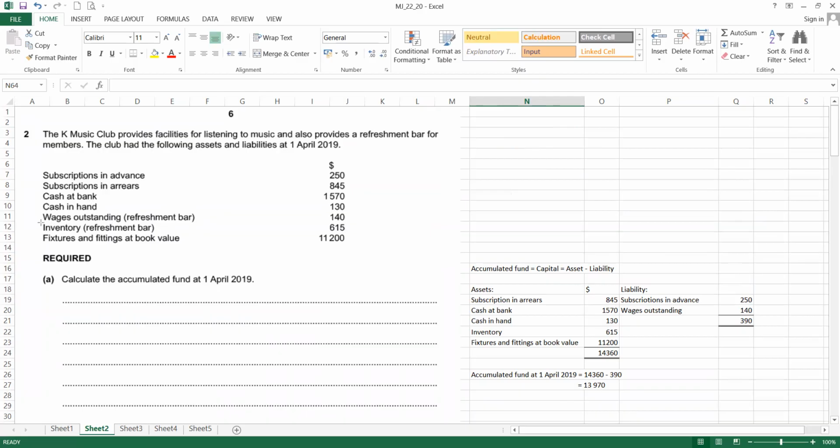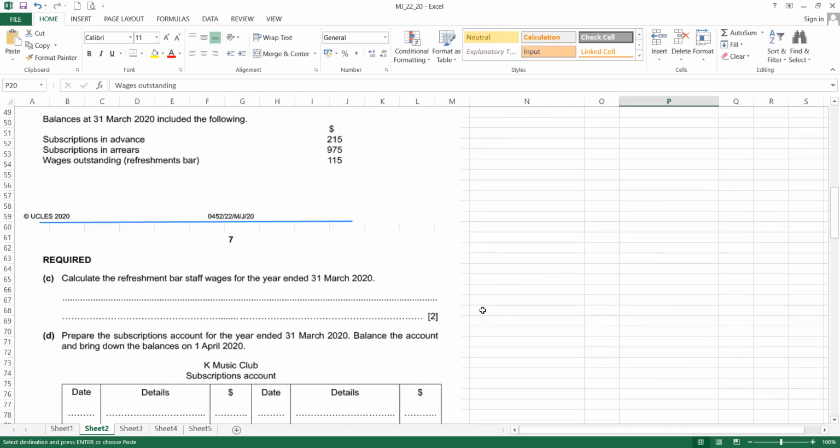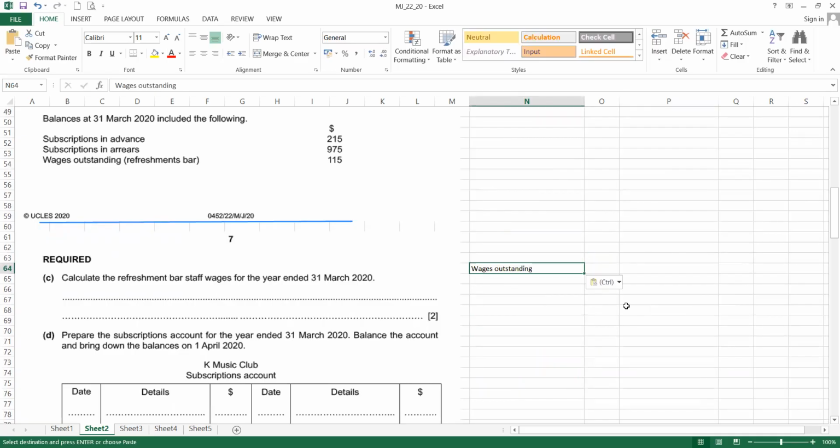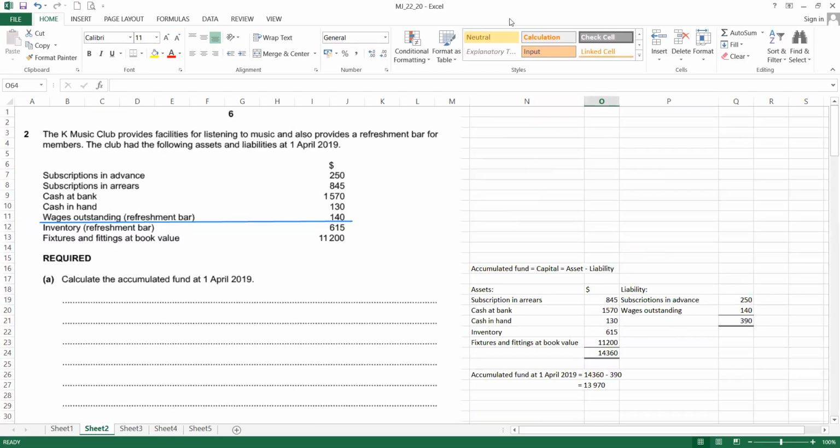This amount is outstanding. So we have to put it in as one of the impacts. So here, wages outstanding at 1st April 2019, the amount is how much? 140.